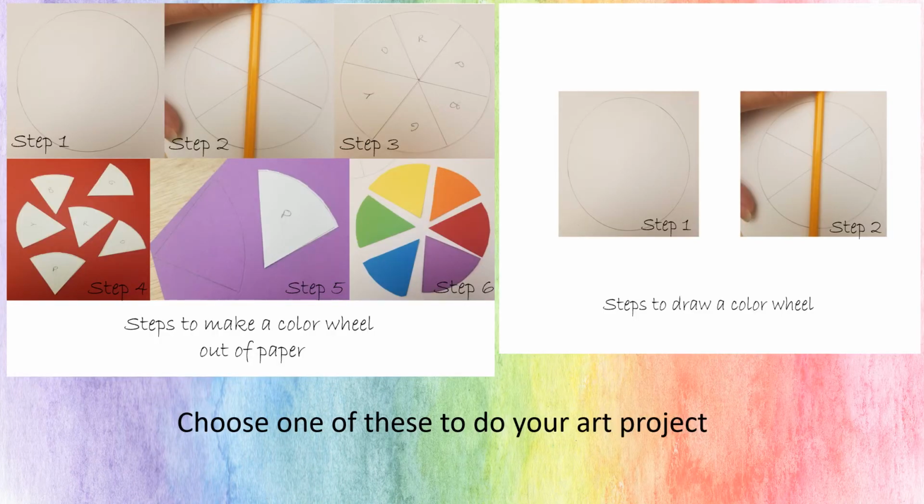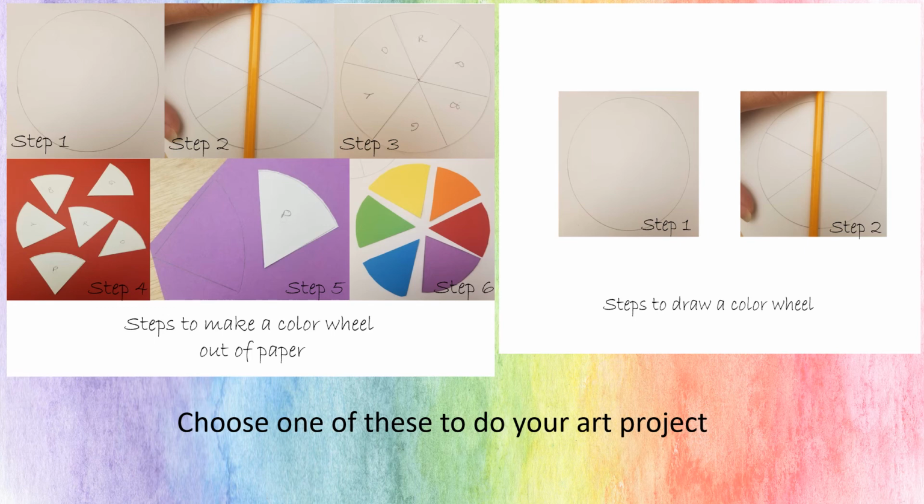Okay, class, I have 2 projects for you to choose from. You only need to do one. First one is steps to make a color wheel out of paper. Your first step is going to be to make a circle. Second step is to draw your lines to turn it into a little pie. Third step is going to be label those. Now make sure you label them in the right order.